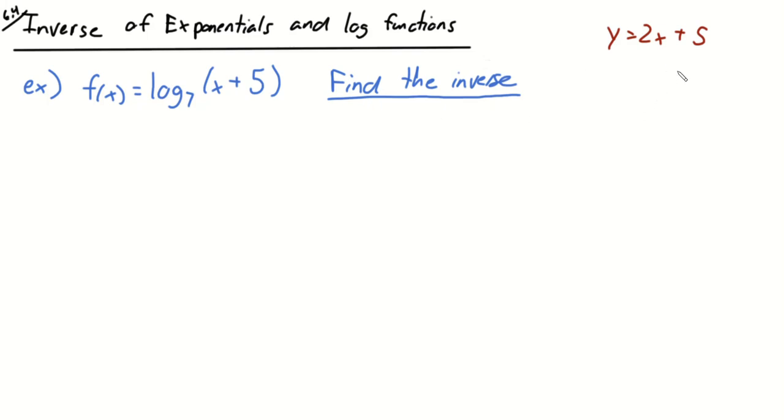Yes, so I'm switching x and y. Okay, let's do the same thing here. I don't have a y yet. What is my y here? Yep, f of x. So that's y equals log base 7 of x plus 5.